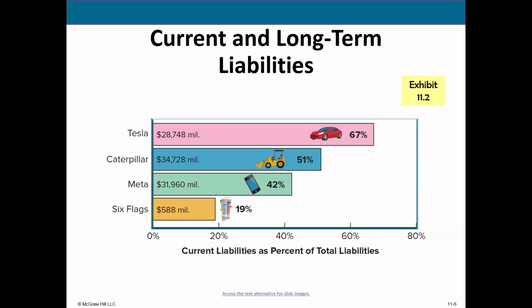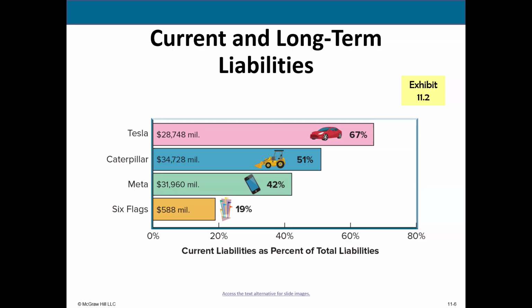But at the same time, it's important that we understand what their business model is like. Here with a company like Tesla, they probably have a lot of bills that they owe to their vendors, which makes sense as to why their current liabilities would be so high. Caterpillar, 51% of their total liabilities is current liabilities.